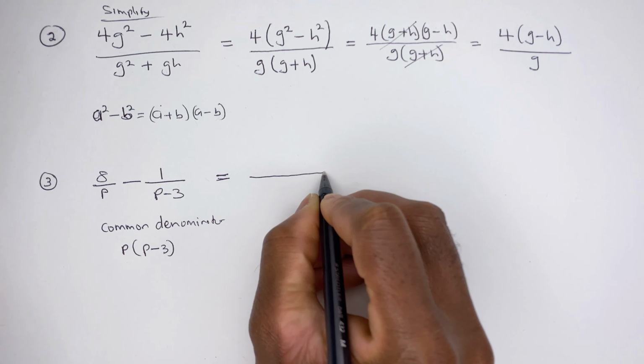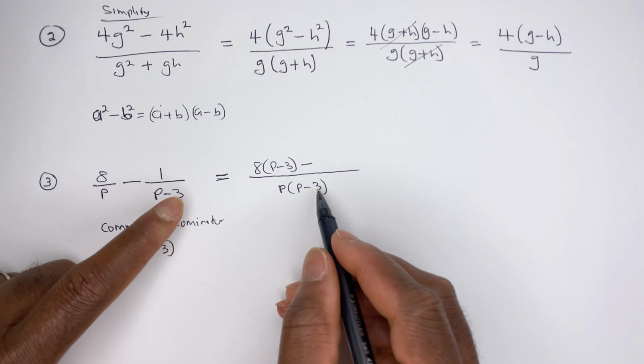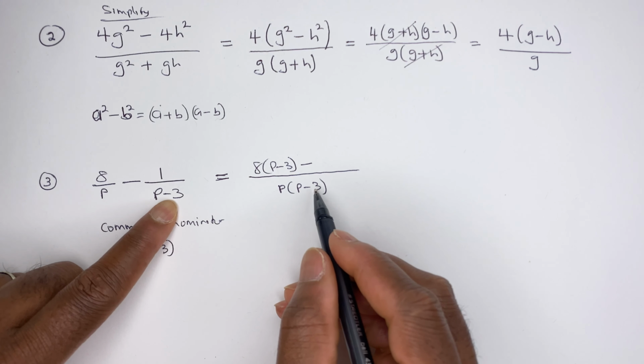I'm going from p minus 3 to p into bracket p minus 3, so I'm multiplying the bottom here by p. I have to multiply the top by p. So 1 times p is p. Then I need to expand the top.